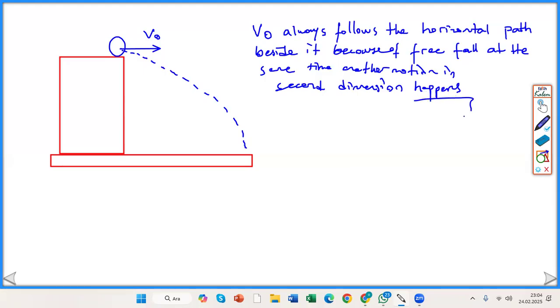As you can realize what I mean for that motion, just after throwing horizontally, at the same time free fall starts on the vertical dimension.